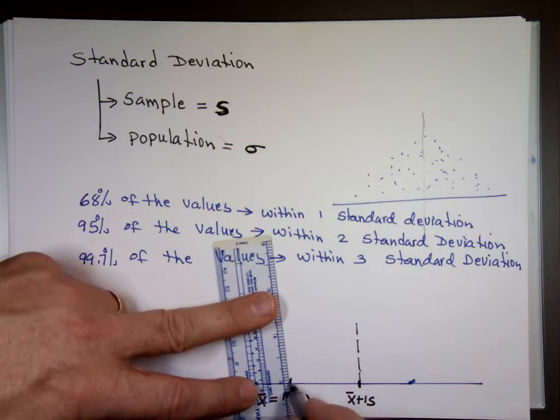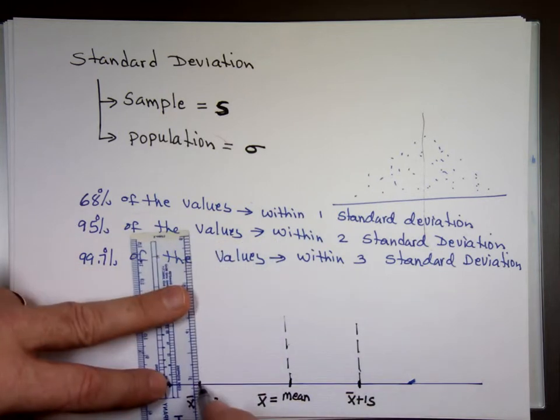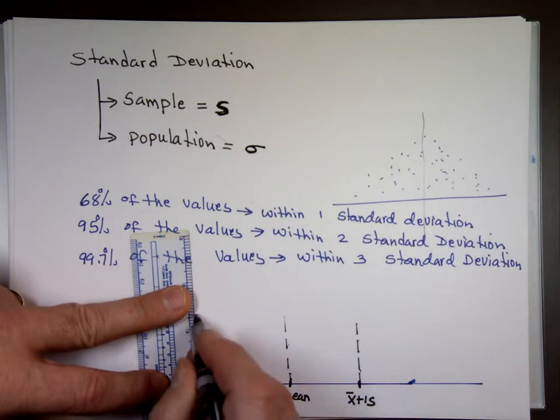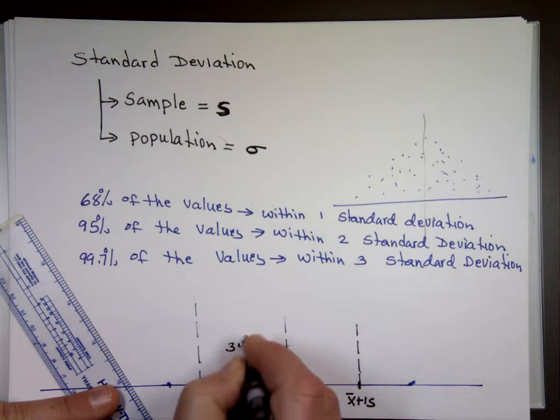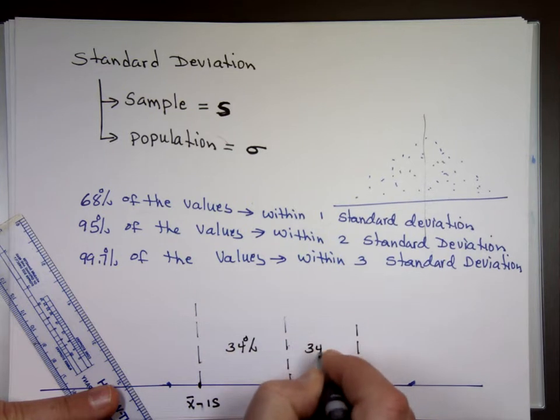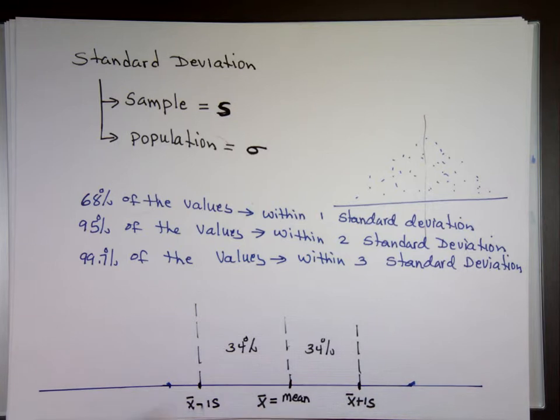This is the mean. That means 34% of the values to the left of it and 34% of the values to the right of it. Between this and that, they have to make 68% of the values.